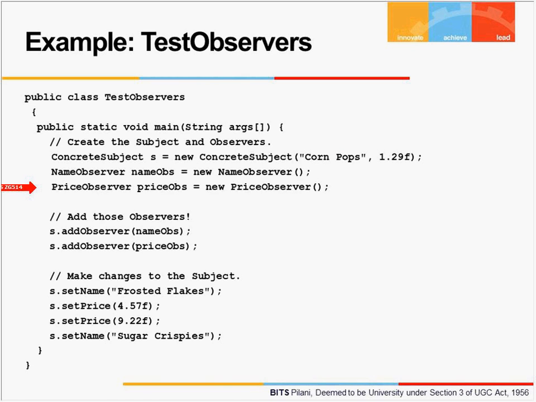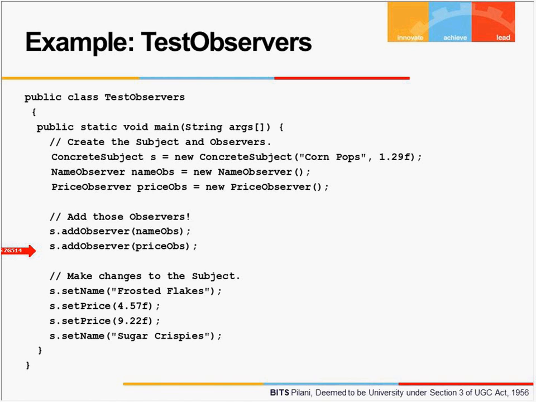My observers are attached to the subject. So it says s dot add observer, passes to it an object of type observer. So s dot add observer, the price observer. Right? So we see that the observers are attached to the subject.